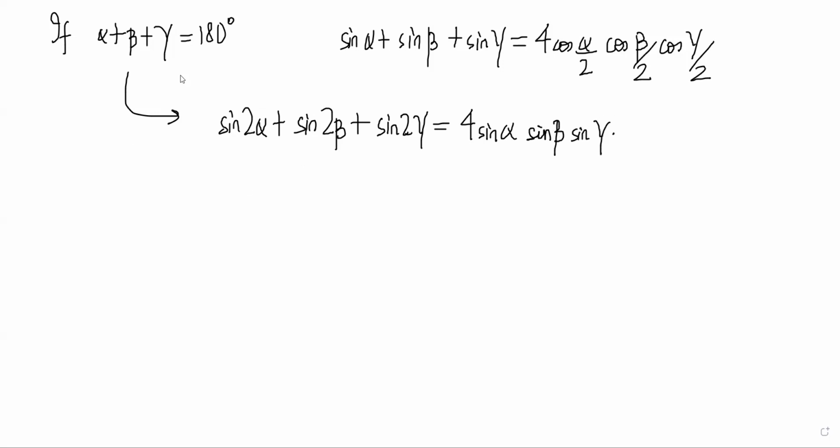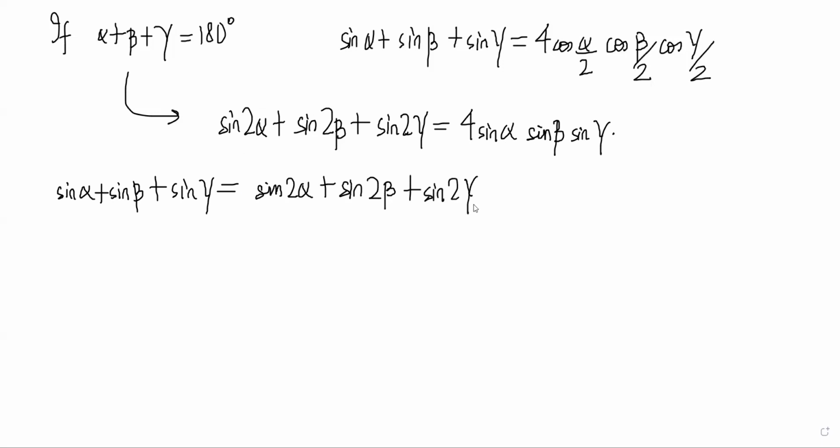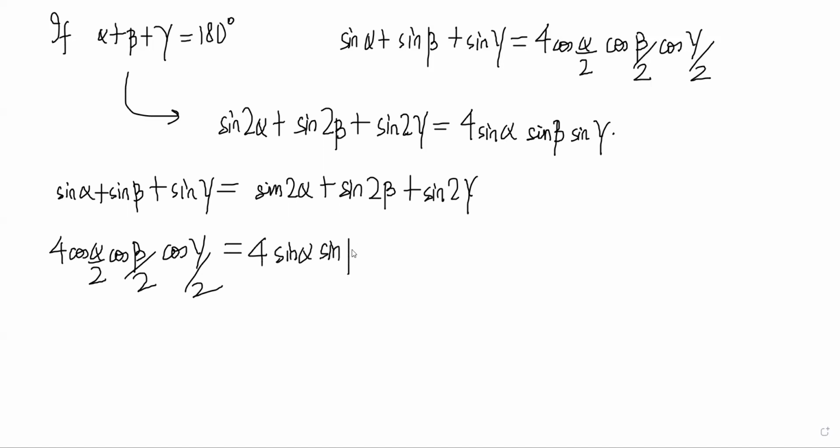So our relationship was saying that sine alpha plus sine beta plus sine gamma is equal to sine 2 alpha plus sine 2 beta plus sine 2 gamma, which means now, using these identities, I get 4 cos alpha by 2 cos beta by 2 cos gamma by 2 is equal to 4 sine alpha, sine beta, sine gamma. Let's see what that means.